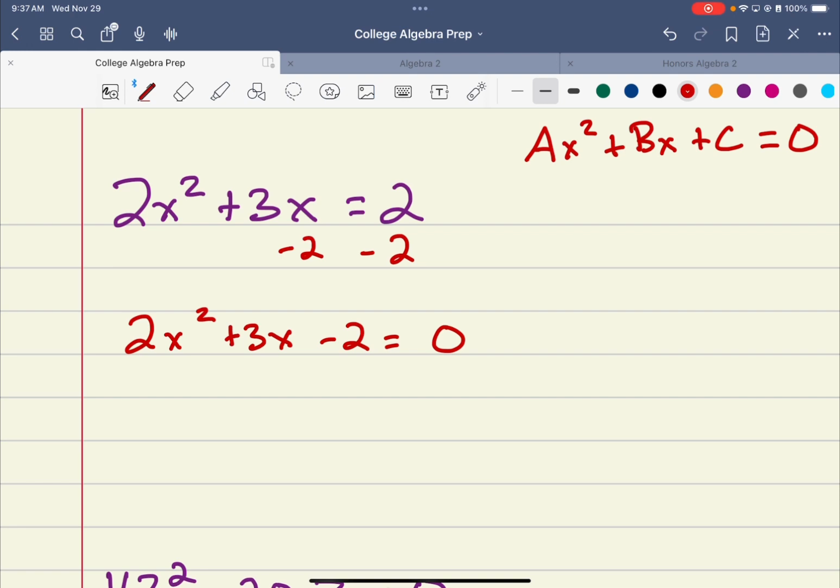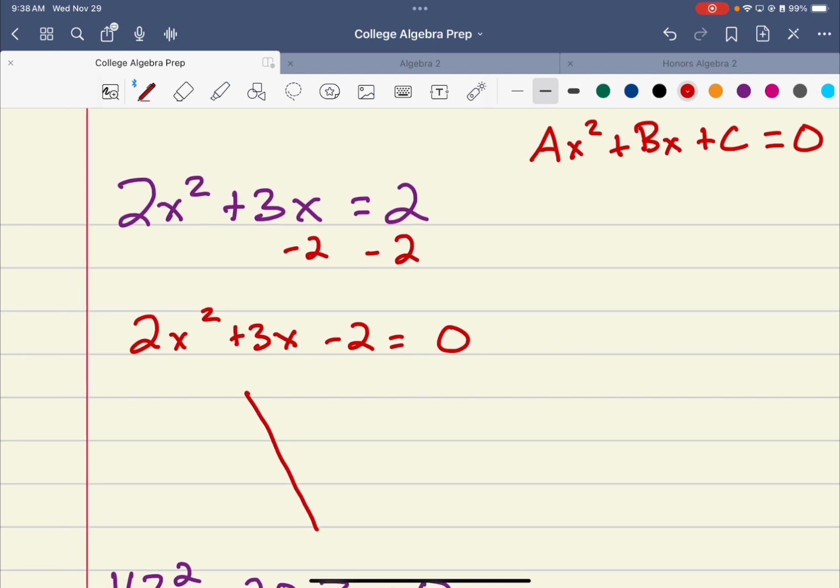Factoring says that the next thing I look for is a GCF. Numbers are 2 and 3. GCF is just 1. There's not x's in all of them. There's not a GCF. So trinomial means try the x method to see if it works. What goes on the top? -4.